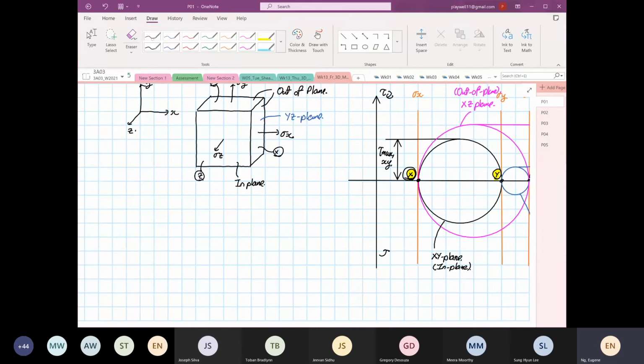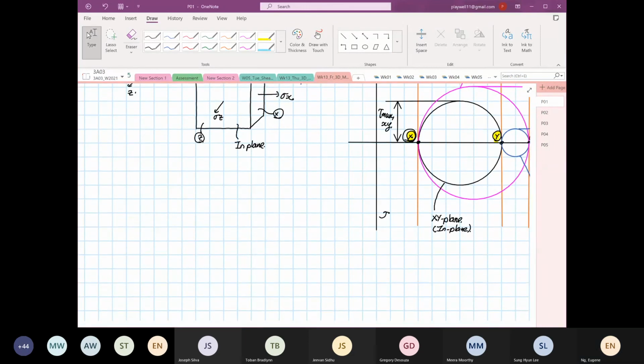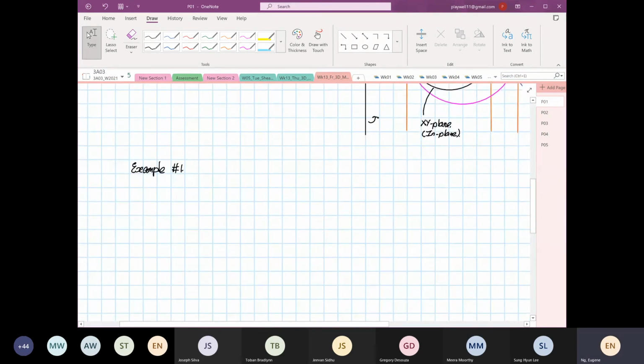The example that we're going to do is one where this element is not at its principal plane. Let me elaborate, so let me draw the transformation. This is our element.